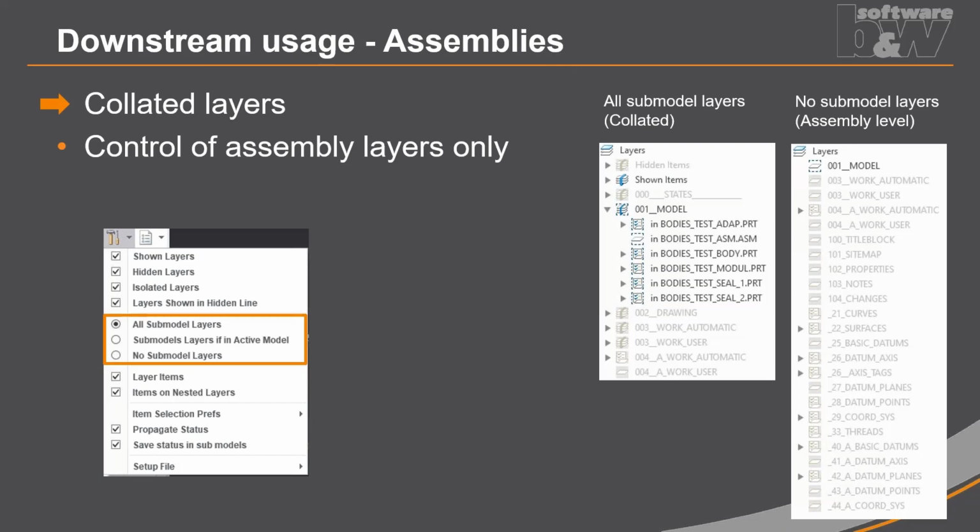In assembly mode, you see hopefully the colored layers. That means your model tree is nicely structured, but you have to make sure that you have a look at the setting. If you go to no submodel layers, then it's the display to the very right here.